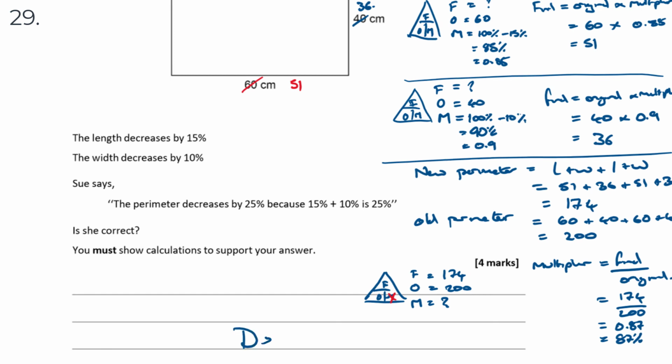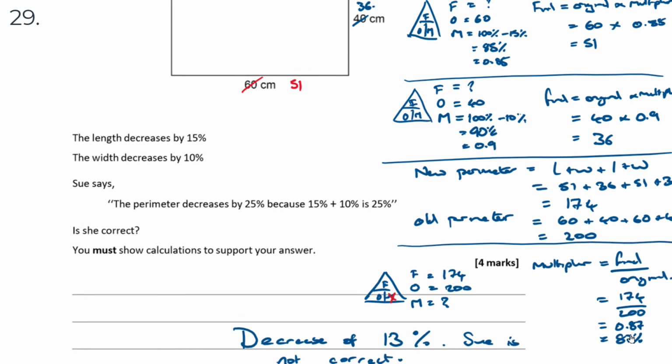So it's a decrease of 13%. So is she right? No, she's not. So Sue is not correct.